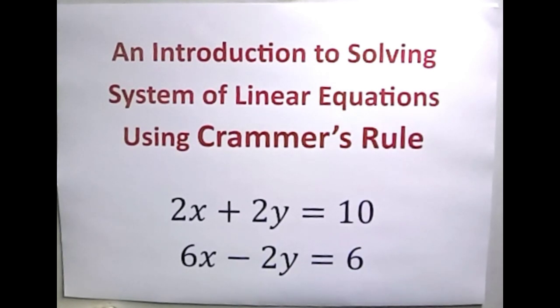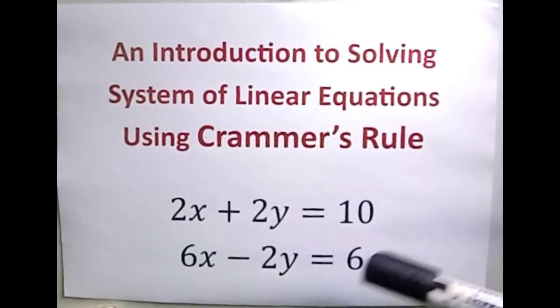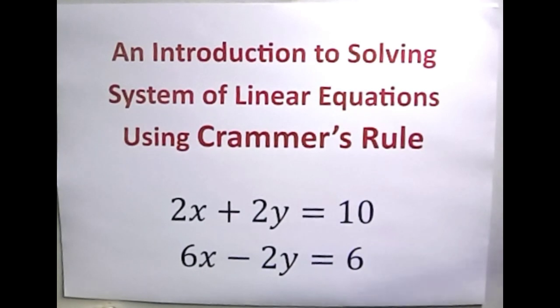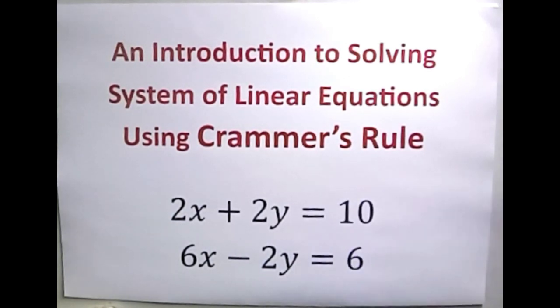So talking about Cramer's rule, I want us to use this very simple example to describe what the Cramer's rule formula can do for us. We'll first of all solve this example using the ordinary methods of simultaneous equations that we know, and then we'll go ahead to use Cramer's rule to solve this same problem and see if we'll get the same answer.